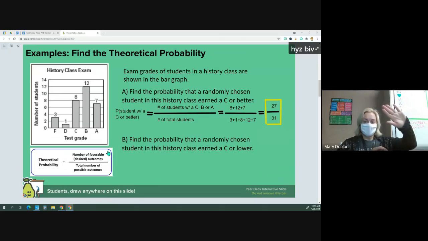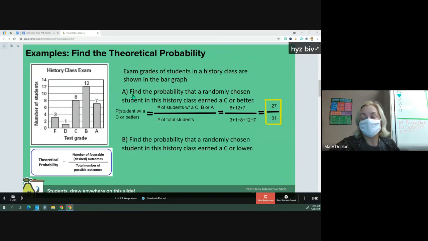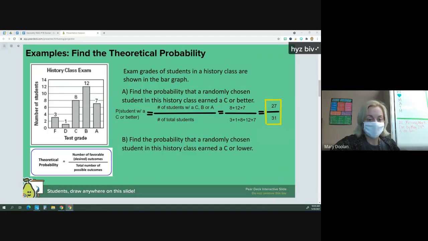So the first probability, it's anyone who has a C, a B, or an A. Now, our second one is also including the number of students with a C. So there is an overlap between these two probabilities that we're finding. So I do have to actually work it out this way with the formula both times.